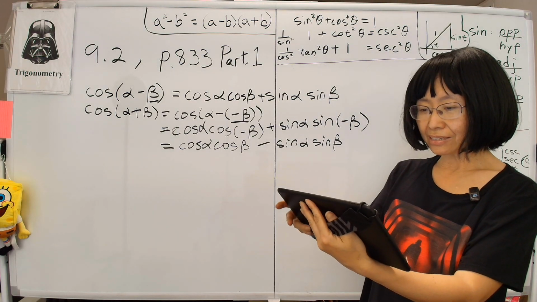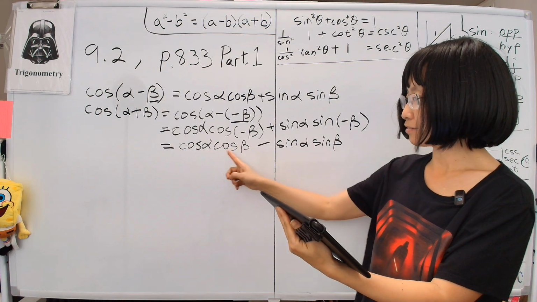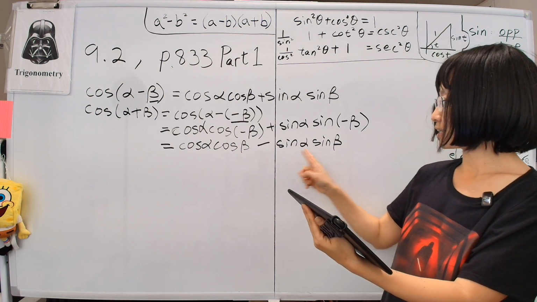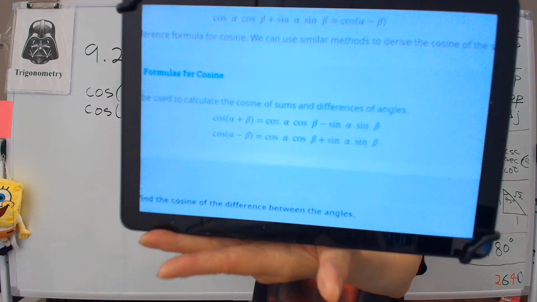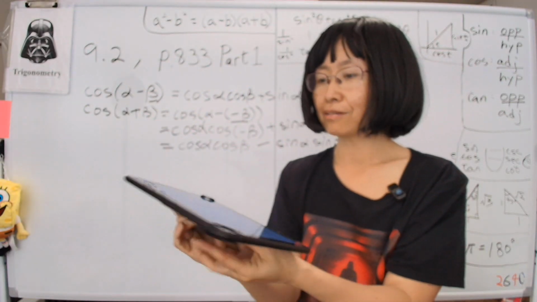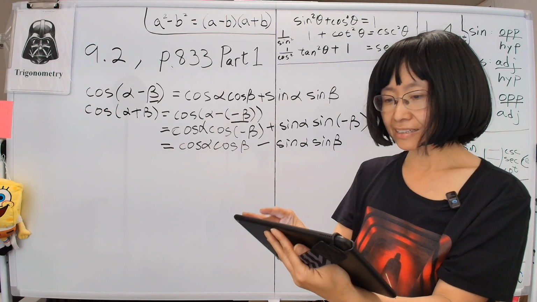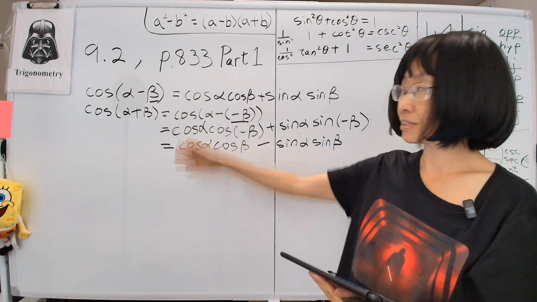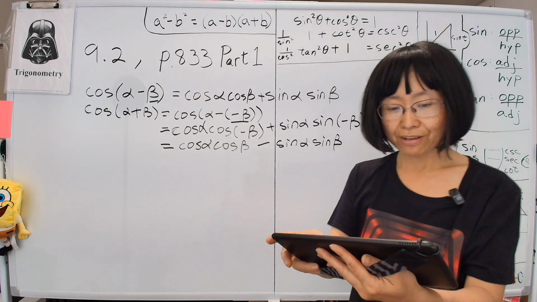Is that correct? Let me check. Cosine alpha, cosine beta minus sine alpha, sine beta. Just like what your book says. This is on the following page, 834. So that's how we can come up with both the sum and the difference formulas for cosine.